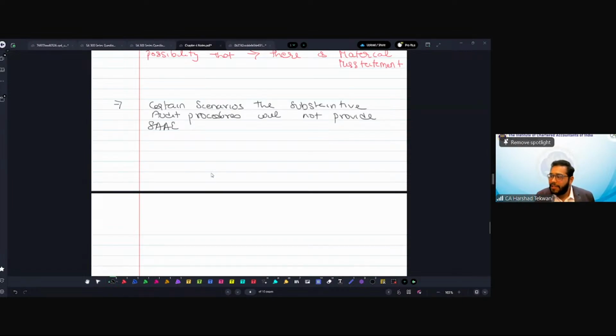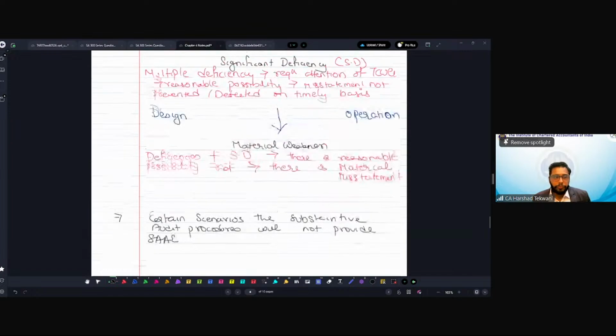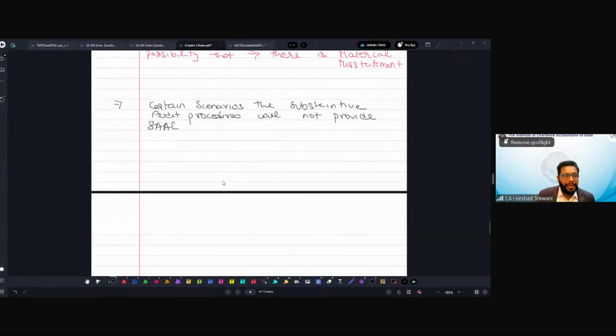In that case, it becomes mandatory to perform control testing, control analysis. Clear? Any doubt till now? Any doubt?